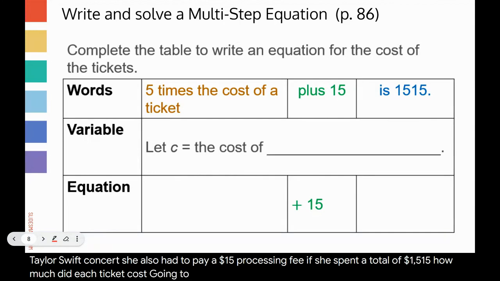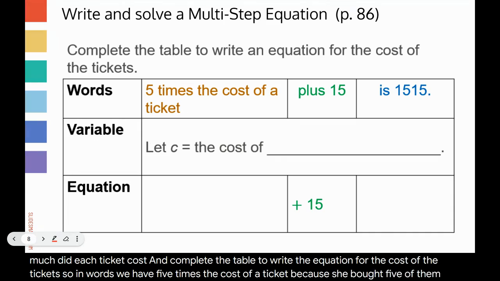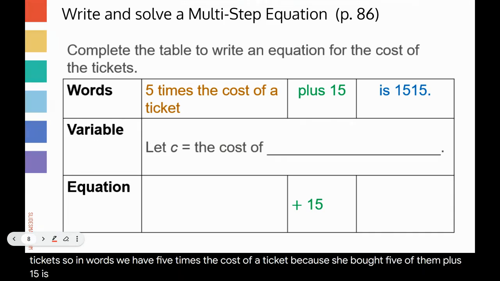So we're going to complete the table to write the equation for the cost of the tickets. So in words, we have 5 times the cost of a ticket, because she bought 5 of them, plus 15 is 1515. So let's see, C equals the cost of one ticket.